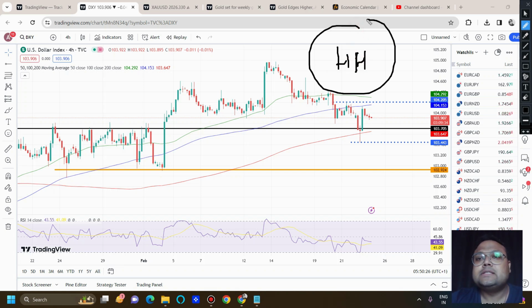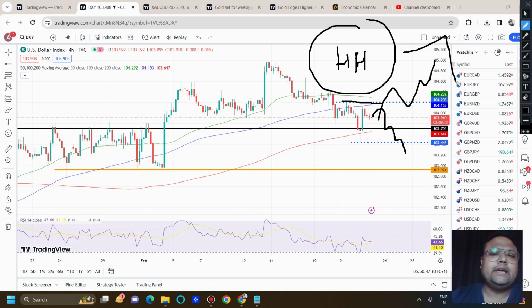It means the buyers still have the strength to take the market up. Formation of a lower high indicates that buyers are losing strength. Slowly sellers are taking control. So if the market fails to break this level, then obviously we can expect the market will be going down, and if it breaks, then it will be a confirmation that DXY is going up again.